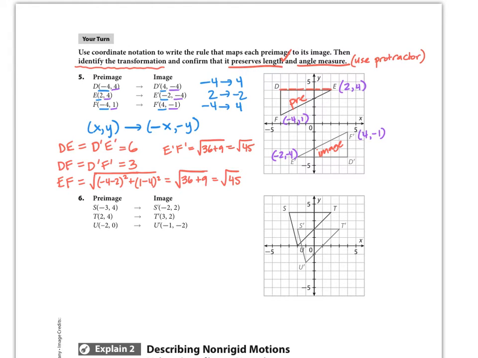So use a protractor to confirm that it does in fact preserve angle measure, and it does here in number 5. So just trust me on that. I do want you to try number 6, see if you can come up with the rule, and then prove that it does preserve length. And if you have a protractor, then angle measure. Okay, go ahead and pause it and take a few minutes to try number 6.